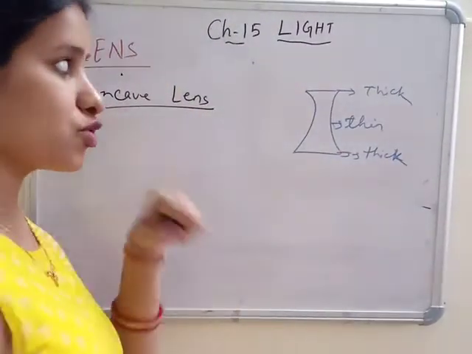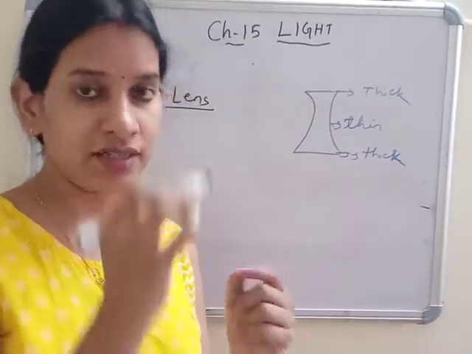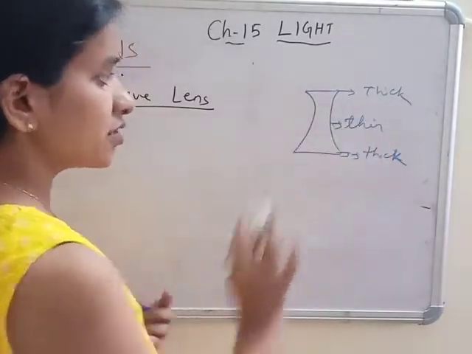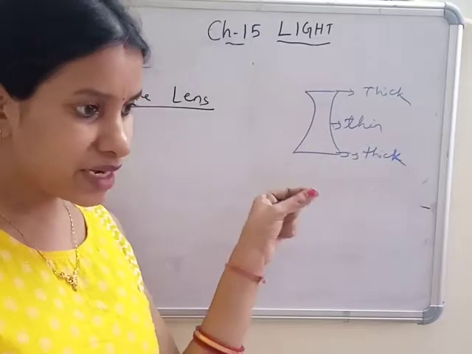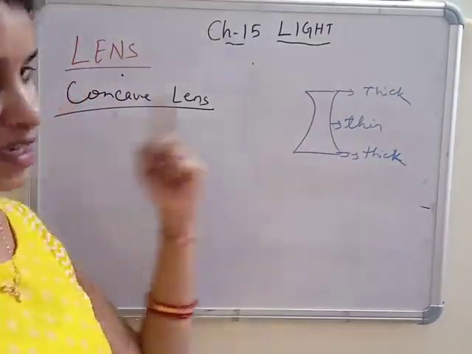So remember the convex one, thick at the middle, thin at the end. Yeah, just opposite, thick at the end, thin at the middle. If you touch any lens you can feel the middle portion is thinner than the end. So it is a concave lens.